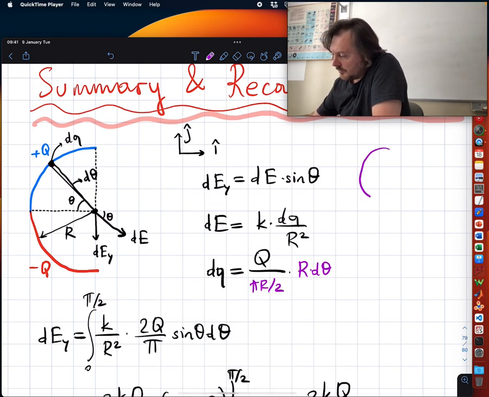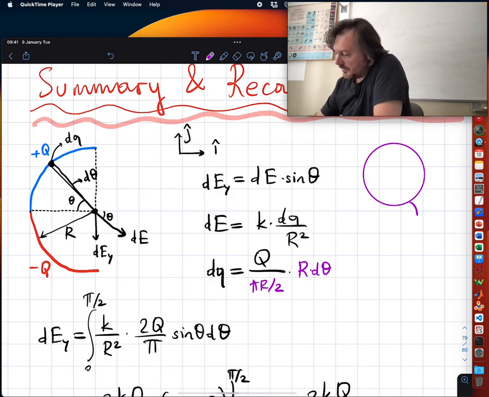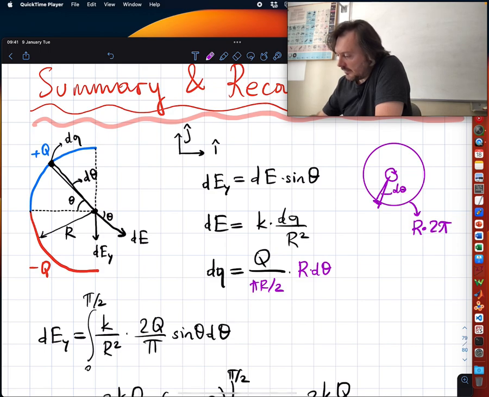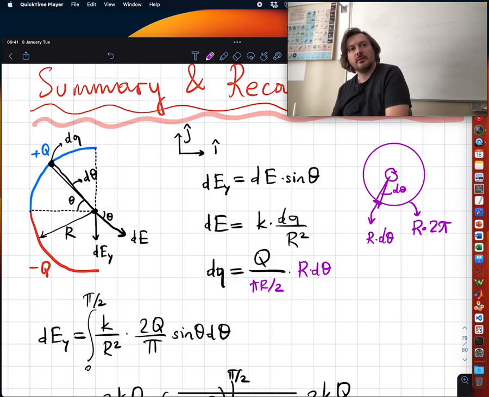When you have a circle, what is the circumference? 2 pi r. Exactly. So r times the whole angle. And when you have a certain amount of angle, like d theta, then that length is going to be r d theta. Okay?